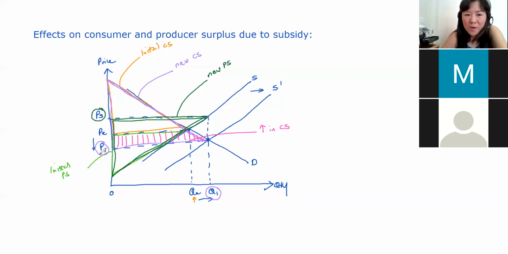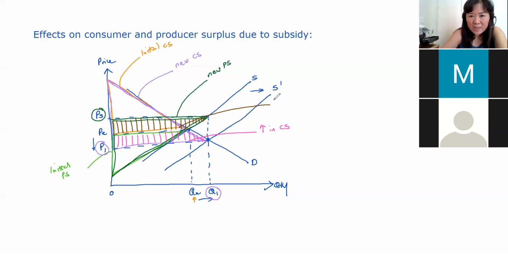Now, the producer surplus. You can see it's a comparison of the light green area and the darker green area. Initially the producer surplus is the light green, but now it has increased to the dark green, which is a bigger triangle. The increase in producer surplus is this trapezium, this brown area.